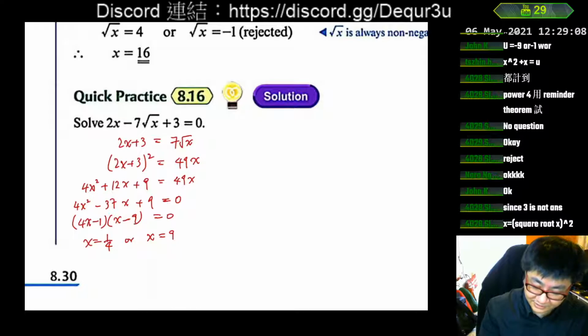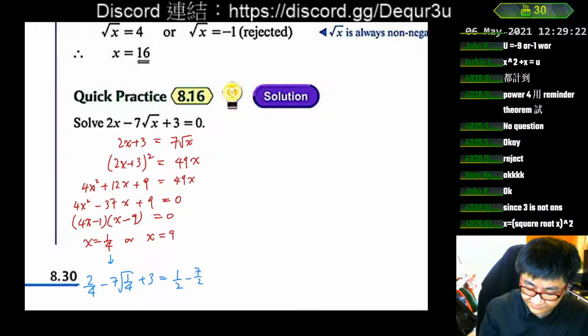for the checking part, then 1/4, then it will be 2/4 minus 7 square root 1/4 plus 3。咁就係1/2，然後開方係1/2，所以就減7/2，然後再加3。你發覺就係負6/2加3，係 OK 嘅，因為負6/2就負3，所以呢個 OK 嘅。OK, what about the 9?